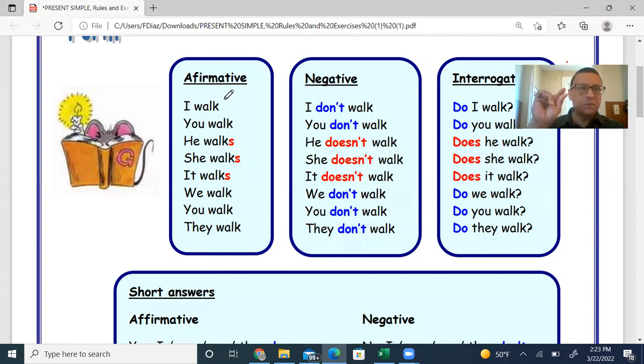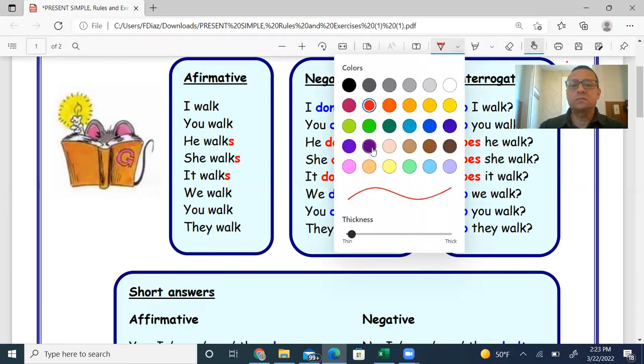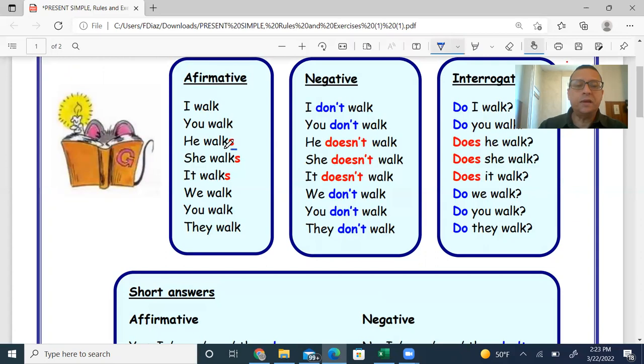One little rule you have to pay attention to is that when it comes to the third person, the verb has an s at the end.